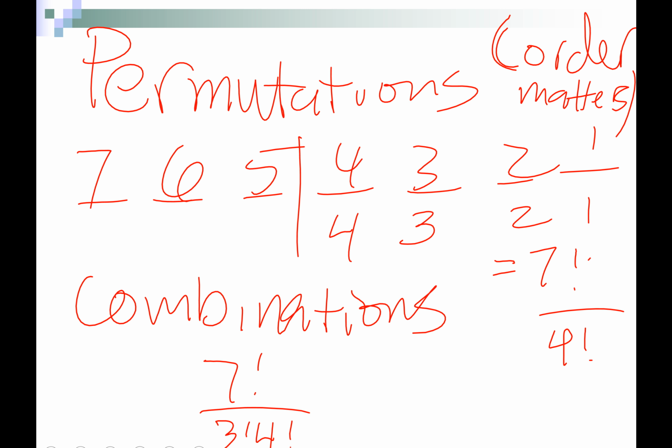So think of it as a committee. If we want to make a committee of size 3, we have Jeff, Bill, and Samantha, or Samantha, Bill, and Jeff, or Jeff, Samantha, Bill. Doesn't matter what order, it's the same committee. So combinations are going to be quite a bit less than permutations.